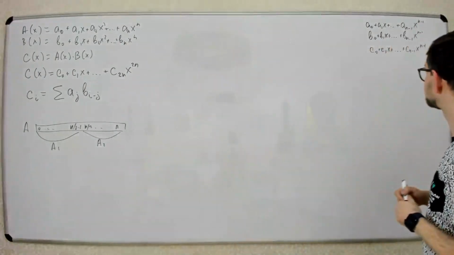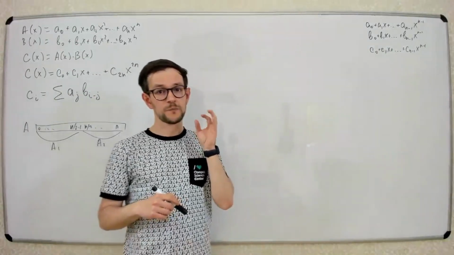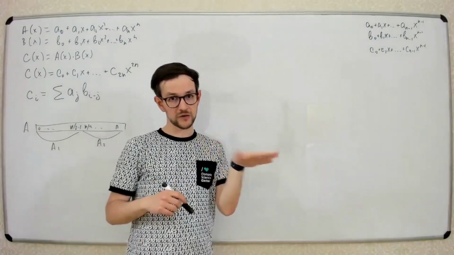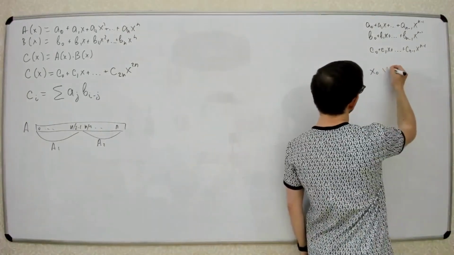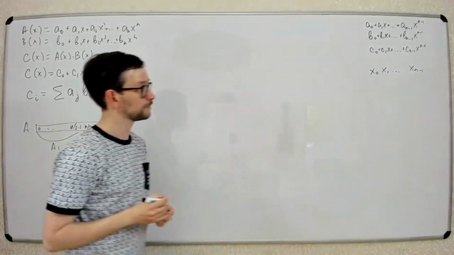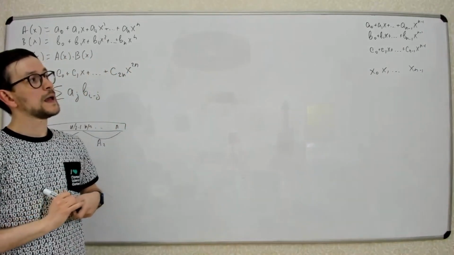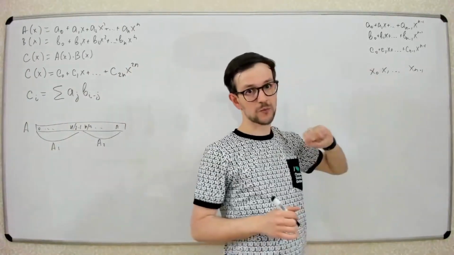Now, what is the idea? The idea will be following. So let's pick some n values, x0, x1, and so on, xn minus 1. And now let's calculate the value of polynomials a and b in these endpoints.